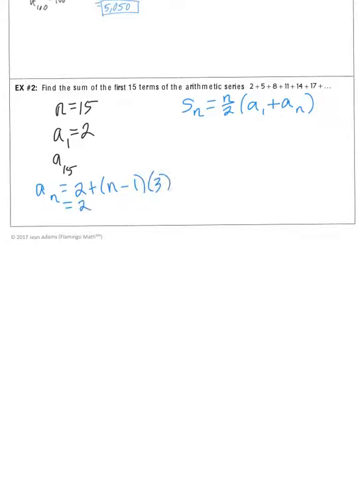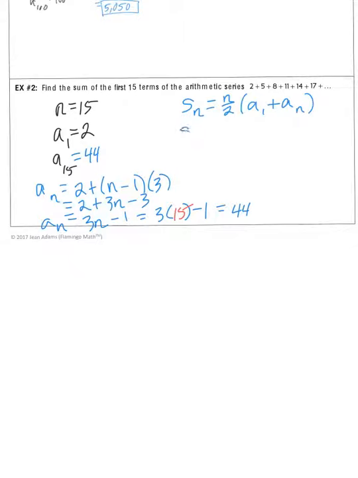So that gives us 2 plus 3n minus 3, which is 3n minus 1. So that's our a sub n. And then we can find the 15th term by plugging in 15 for n. And that's going to give us 3 times 15 is 45, minus 1 is 44. So our 15th term is 44.